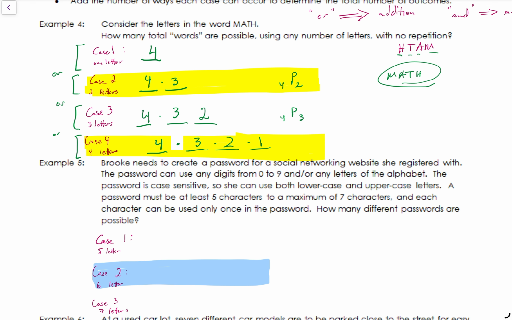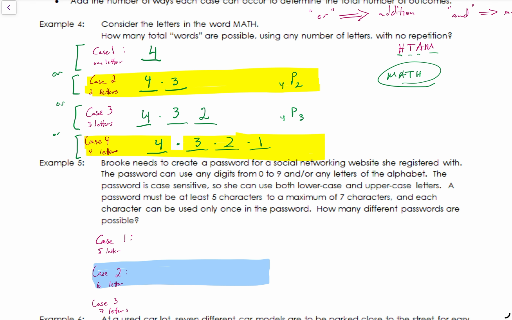So in each of these cases, we'll get a numeric value. There are 4 possible ways that I can make a one-letter word out of HTAM. Now in case 2, this can happen in 12 different ways. 4 times 3 times 2 is 24.